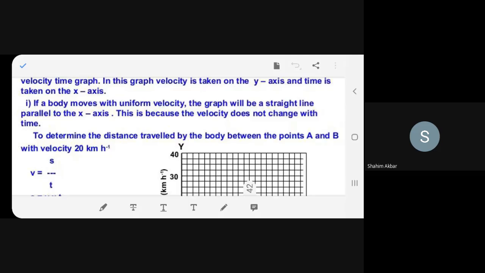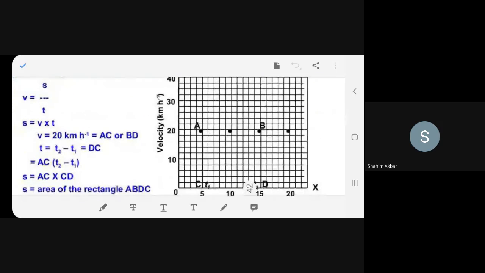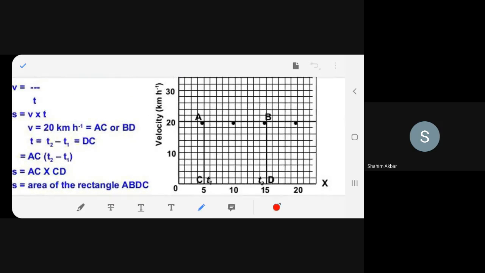Now, if a body is moving with uniform velocity, it's written over here, 20 kilometer per hour. Obviously, velocity is on the y-axis. Can you see this? You can see the straight line? Yes or no? So in 5 seconds, you will see 20 kilometer per hour. In 10 seconds, again 20 kilometer per hour.